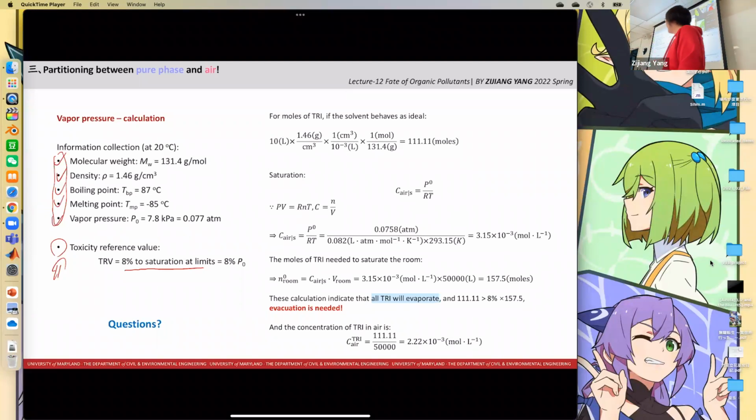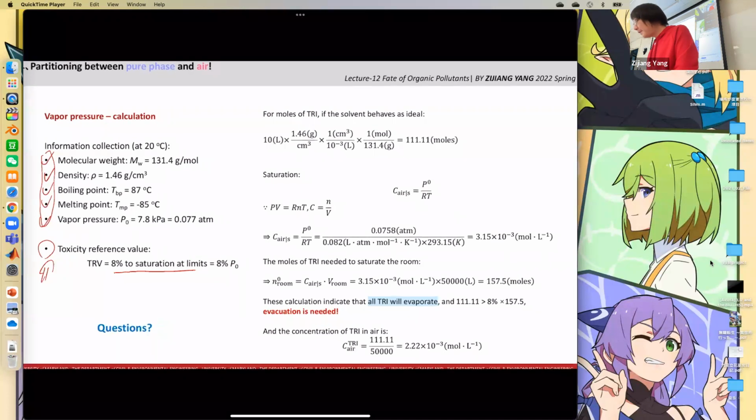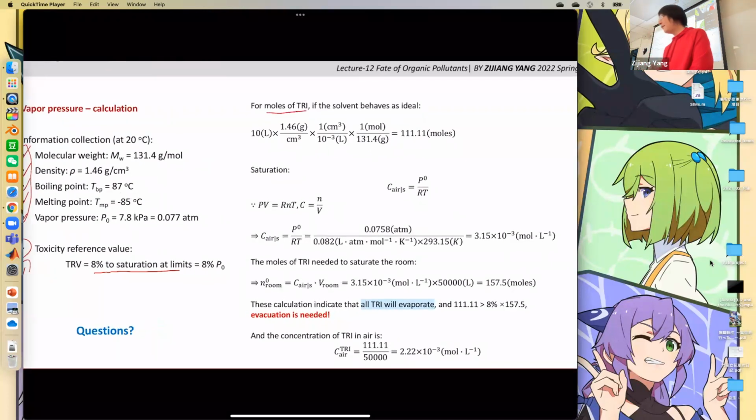So to answer this question, first, we want to know the moles of TRV that we have. So we can calculate the moles of TRV. And then we want to know the amount of TRV that is needed to make this room saturated.